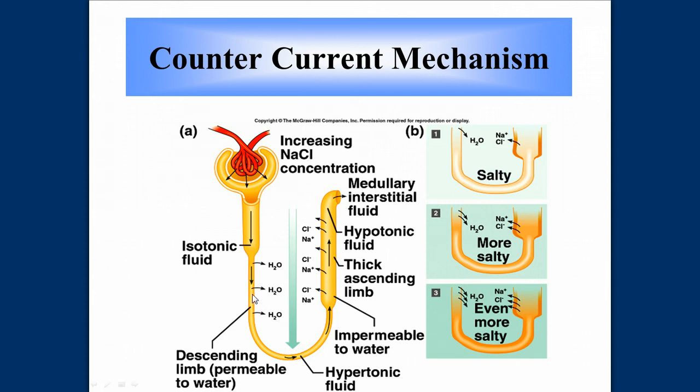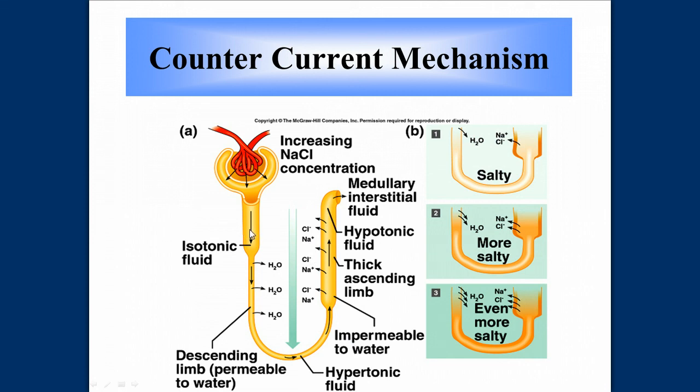Okay, so the ascending loop, again, is impermeable to water. And what did I say that meant? Permeable allows it to pass through. Impermeable means it does not allow it to pass through.